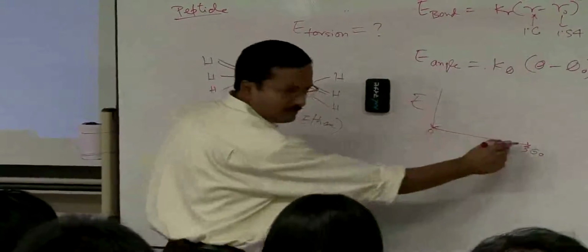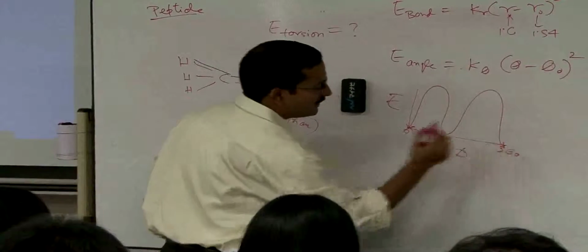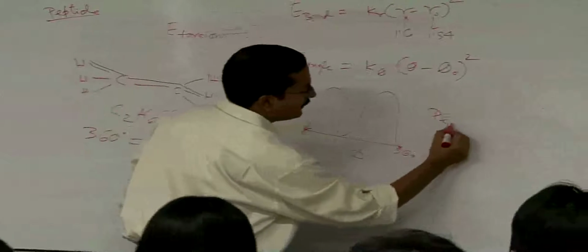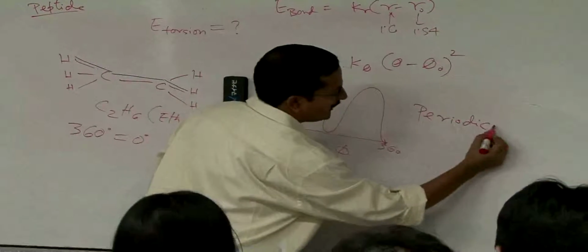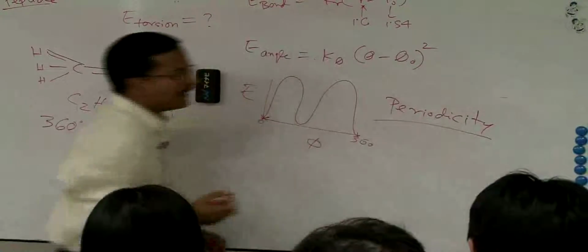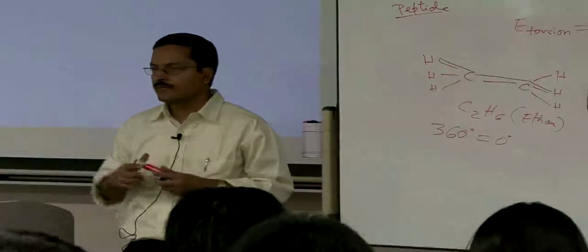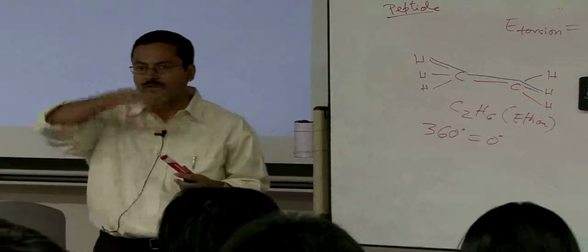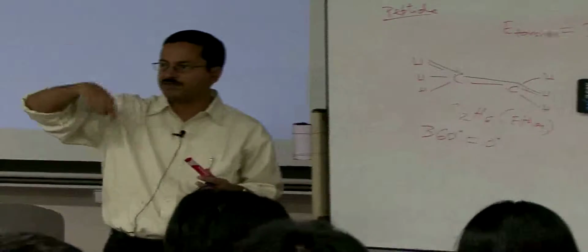If it starts here, it has to come back here. So, they have periodicity. You know this term periodicity, which means it repeats. It is like a wave, something repeats. So, in torsion angle also the energy repeats.